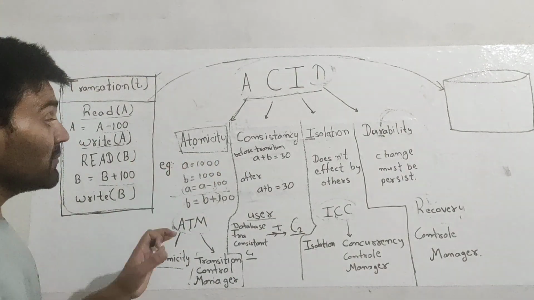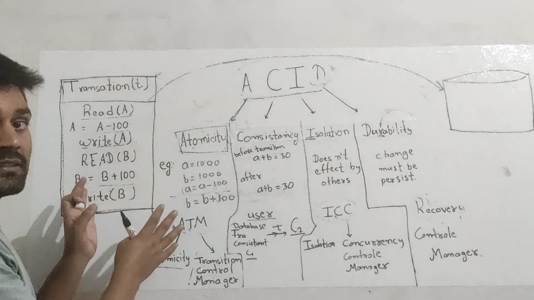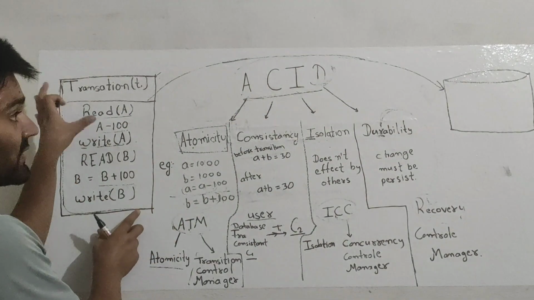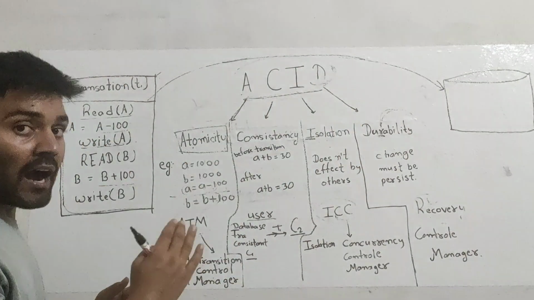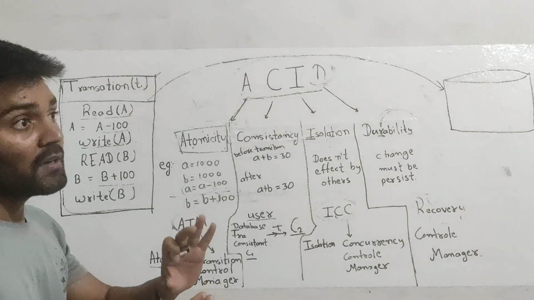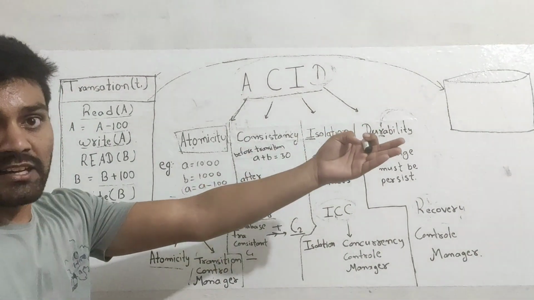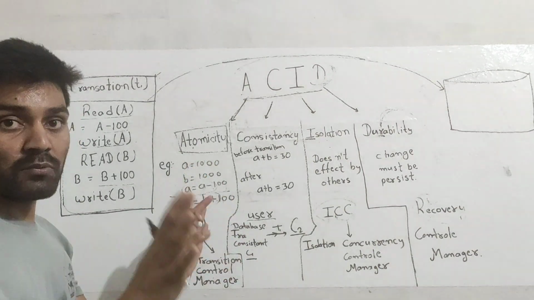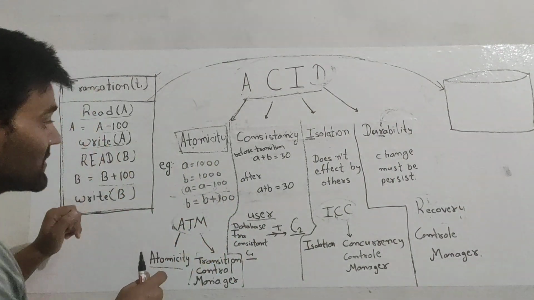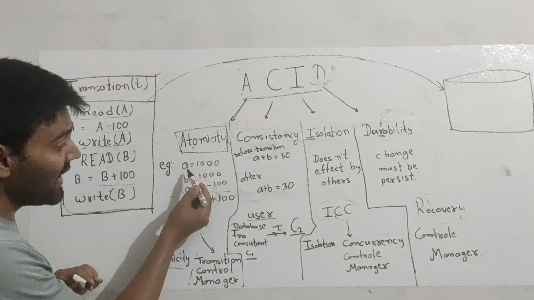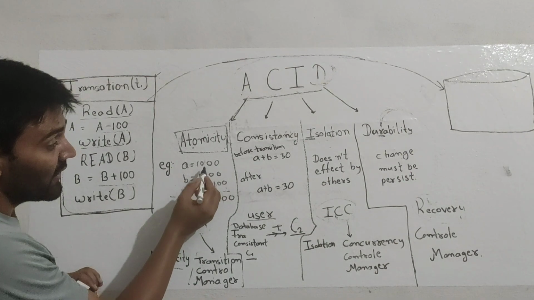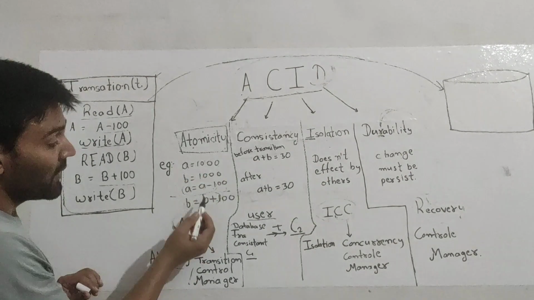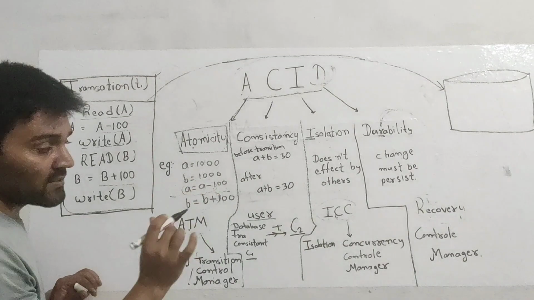So what is atomicity? Atomicity is nothing but, if we are performing a transaction on a database, then either it must be completely performed on the database or it must be completely not performed. That means, suppose A has a bank account with 1000 rupees, and B has 1000 rupees.